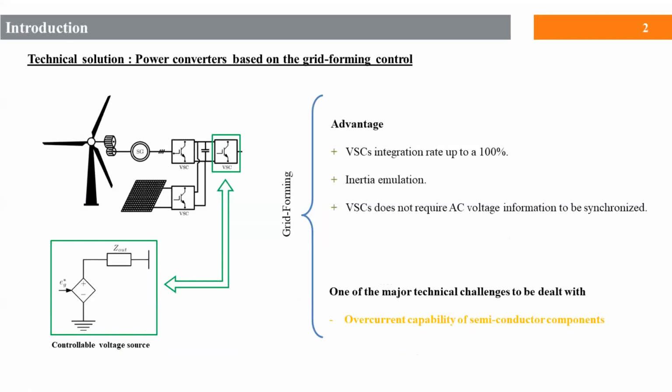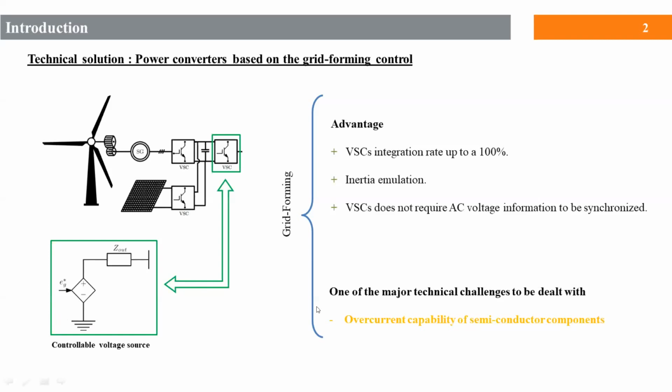So in addition to their capability to inject a set bound of active and reactive power, grid-forming converters also allow an inherent inertial emulation, a high penetration rate of power converters in the power system, and moreover, the knowledge of the grid phase and the frequency is not compulsory for synchronization, and thereby all the issues which have been linked to grid-following for synchronization are avoided. We can also mention their black start capability and their robustness against short circuit and so on.